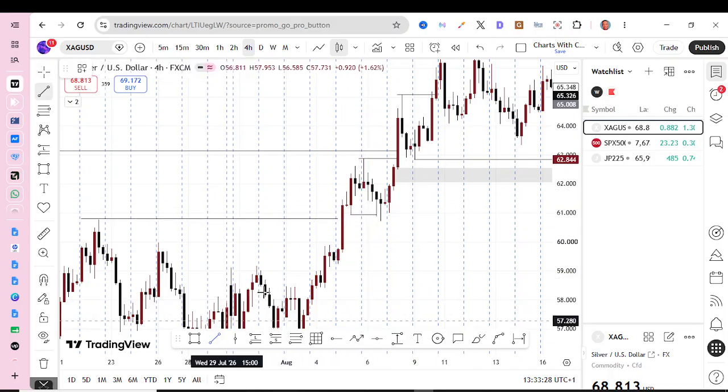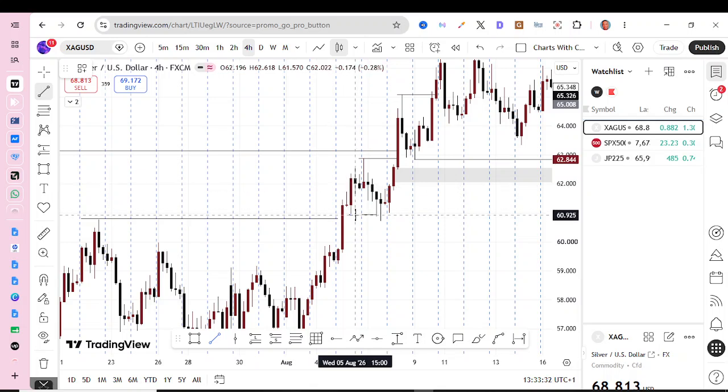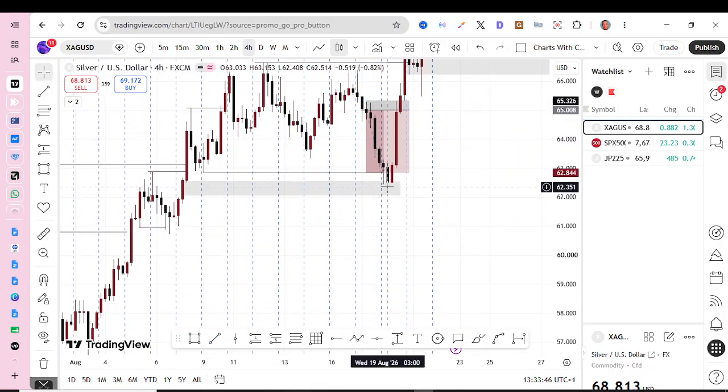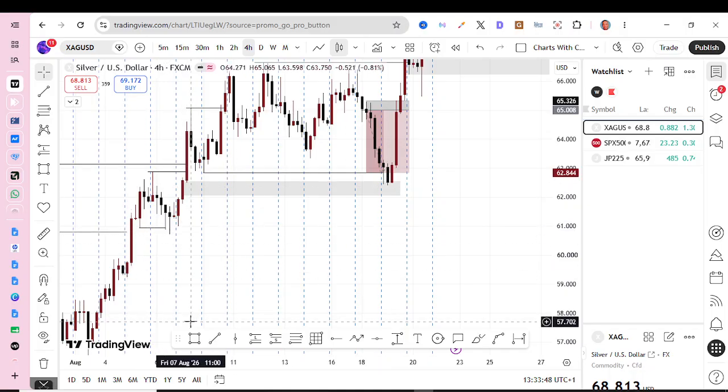Price made a pullback and then continued going up, and then price came and took out that pullback, continued buying and broke the structure. That is why this sell that happened there did not get to this low, so this low now becomes a protected low.